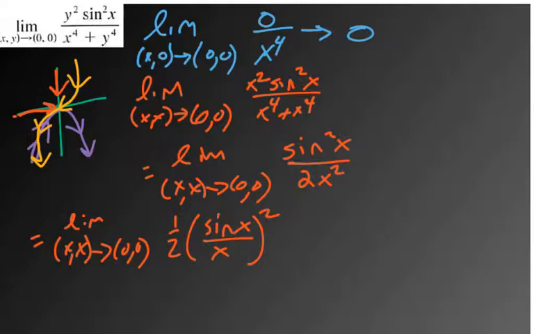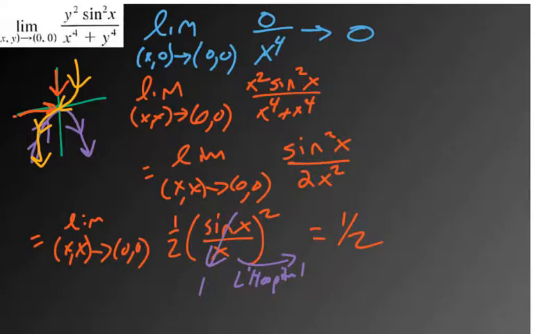This is a classic L'Hopital's problem. If we do L'Hopital's right here, we get that this thing goes to 1, and so this whole limit goes to 1/2, which is 1/2 times 1 squared.